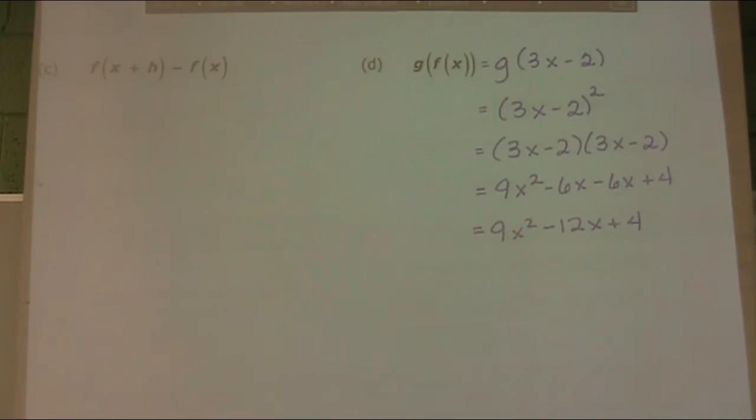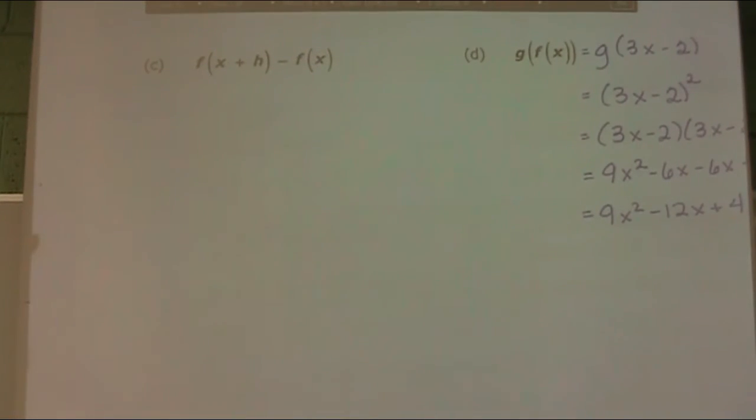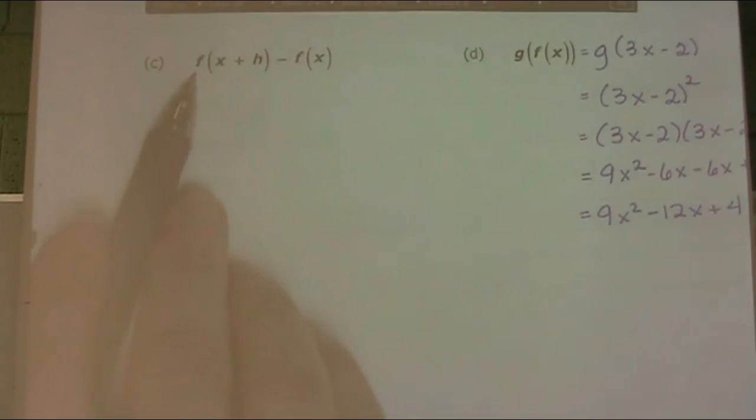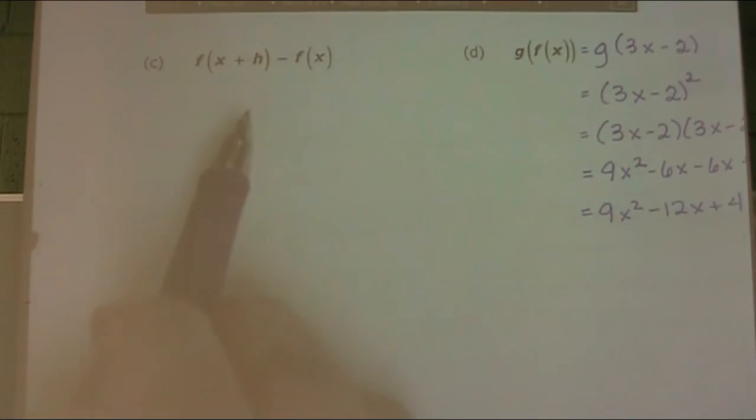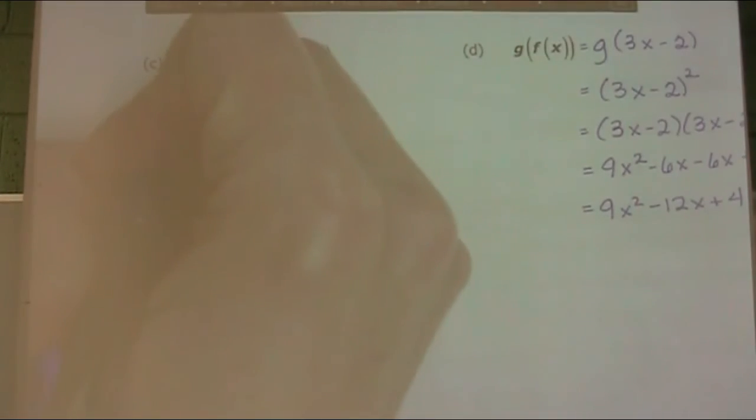All right, now let's go back to C. All right? C is f of x plus h. And what we're going to do is go back to our f of x function, and everywhere we see an x, we're going to replace it with x plus h. So here's what we've got.